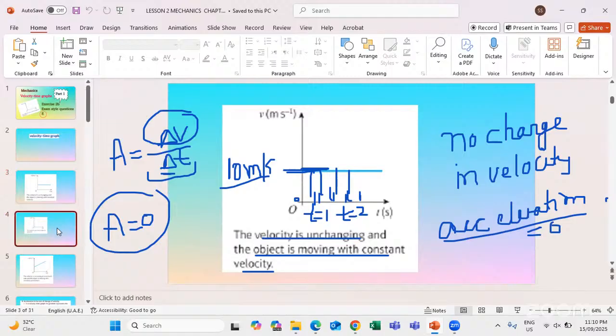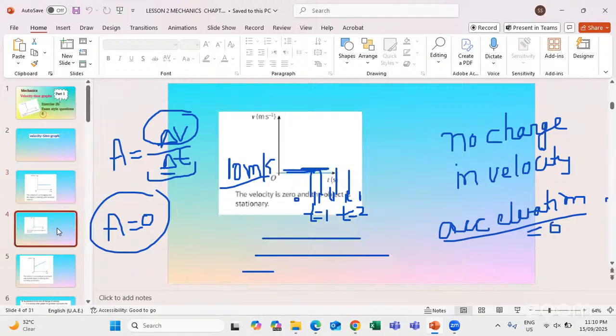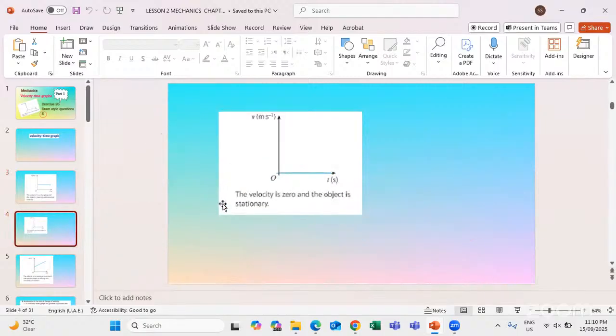Then we have a second case. Here, the object is shown across this blue line, and we see that the velocity is zero because this is on the x-axis itself. As the time is increasing, there is no change in the velocity. Initially, the object is at rest and it keeps on resting as long as the time is changing.